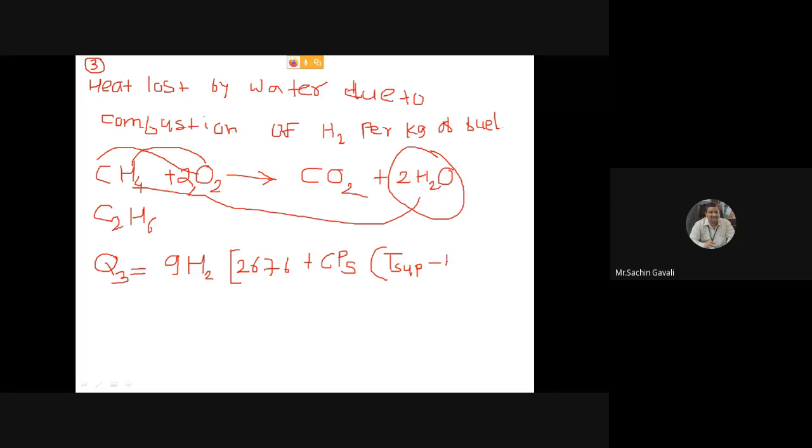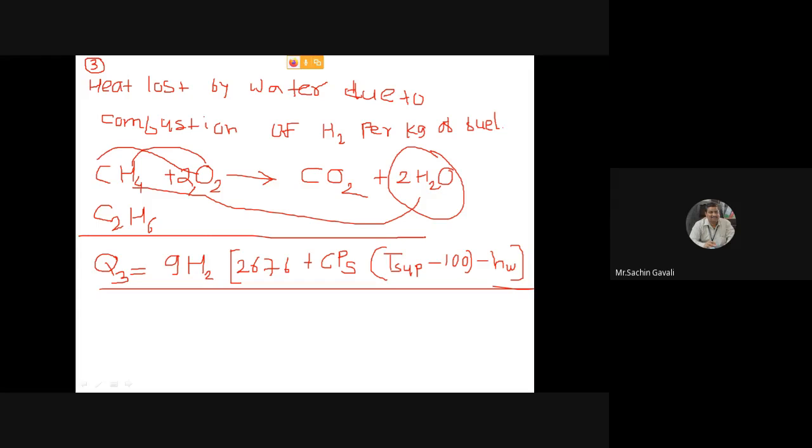So with the help of this formula, the same formula, one can calculate the heat lost due to conversion of water, due to combustion of H2 per kg of fuel.